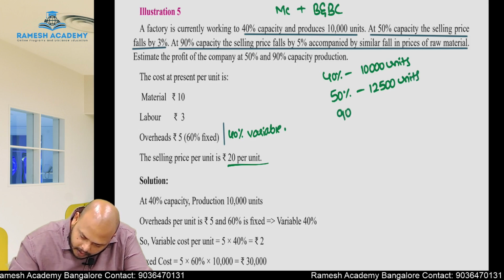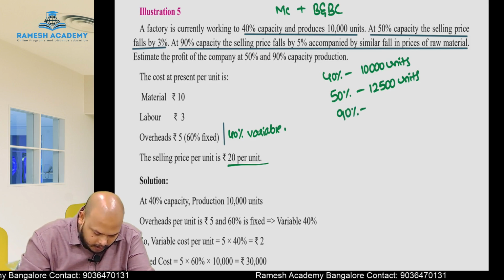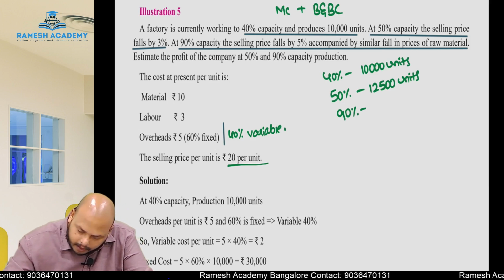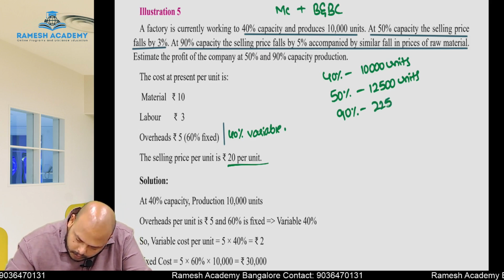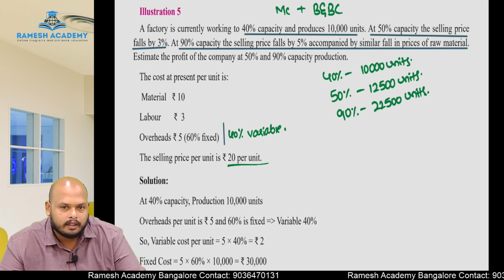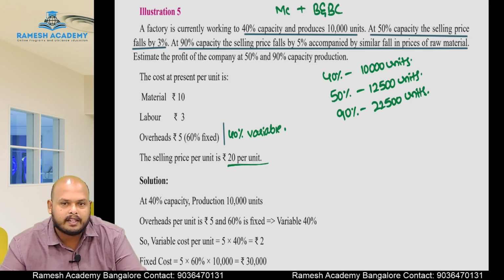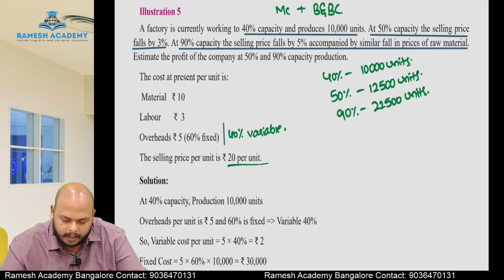Next, at 90%, it will be 10,000 divided by 40 into 90, so that is nothing but 22,500 units. Okay. 40% it is 10,000, 50% it is 12,500 and 90% it is 22,500 units.